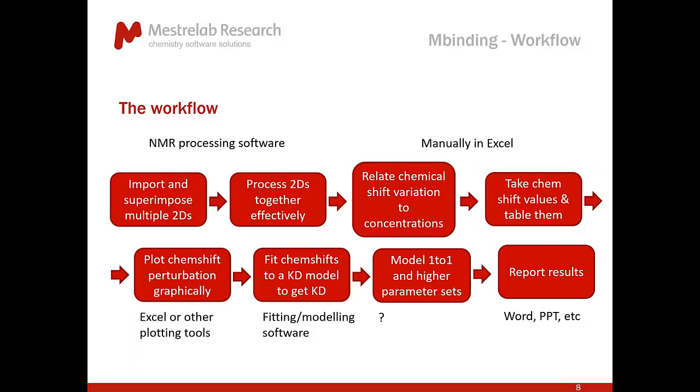People working with this kind of data will probably do this in Excel, and it requires quite a lot of manual data entry. So we have tried to integrate all that in the workflow so that now it happens automatically within Mnova.